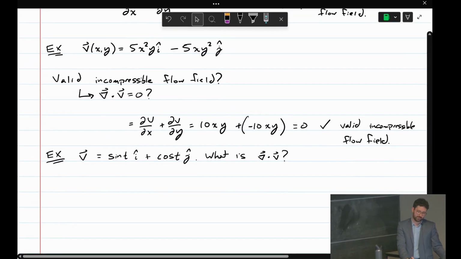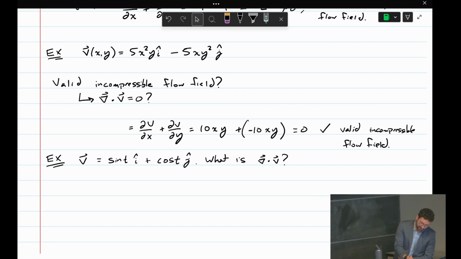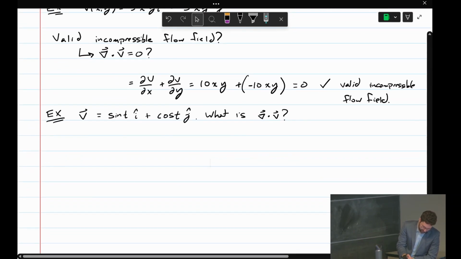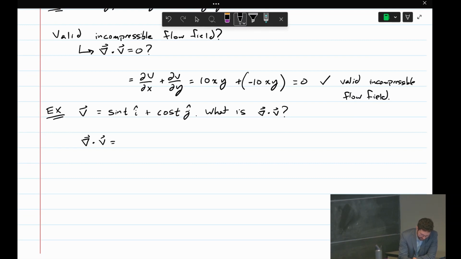So now, the previous one, we had no t in our velocity vector field expression, so it was steady. Now we do have a dependence on time. So by definition, this is an unsteady flow. So the divergence of this is still partial u partial x plus partial v partial y.